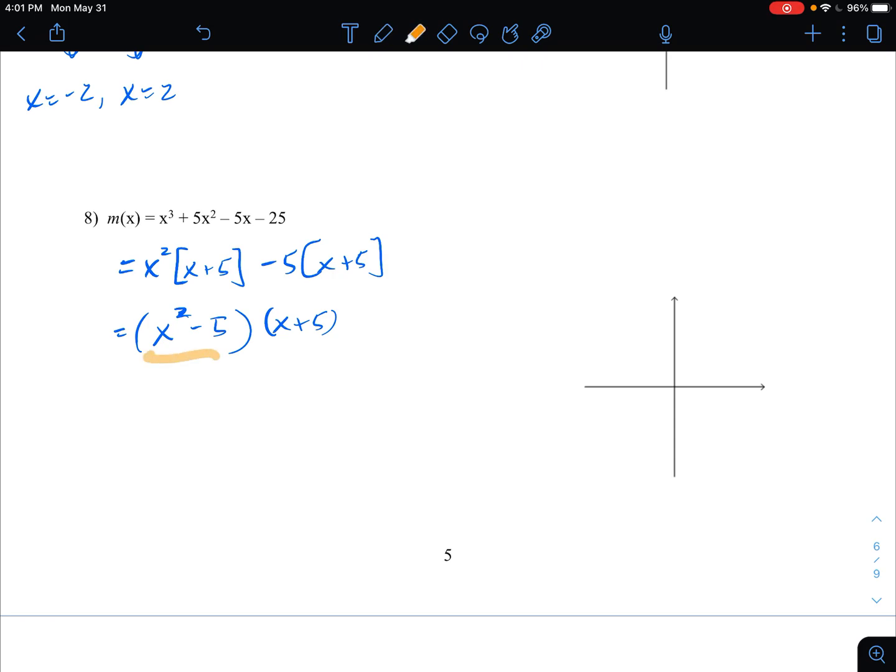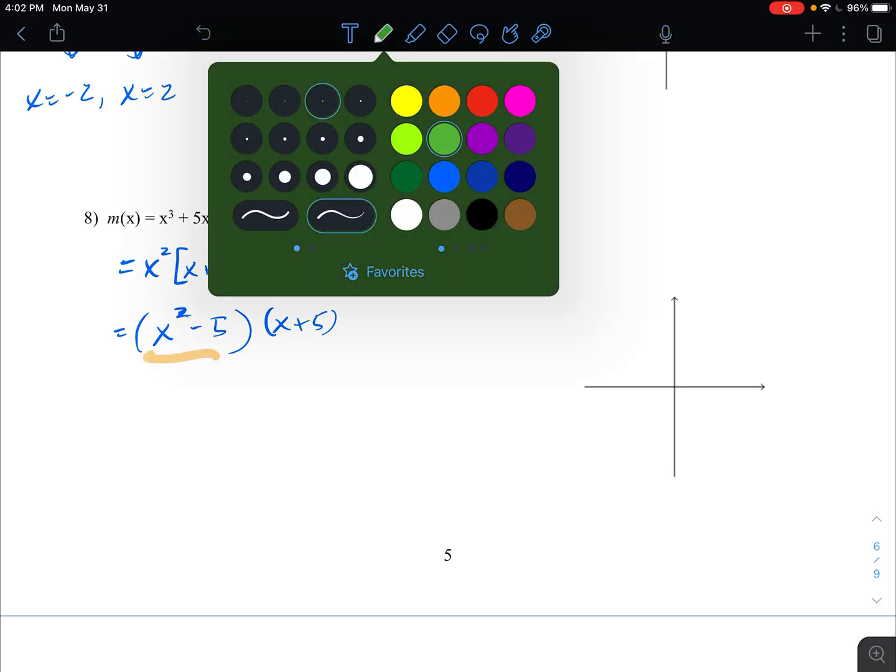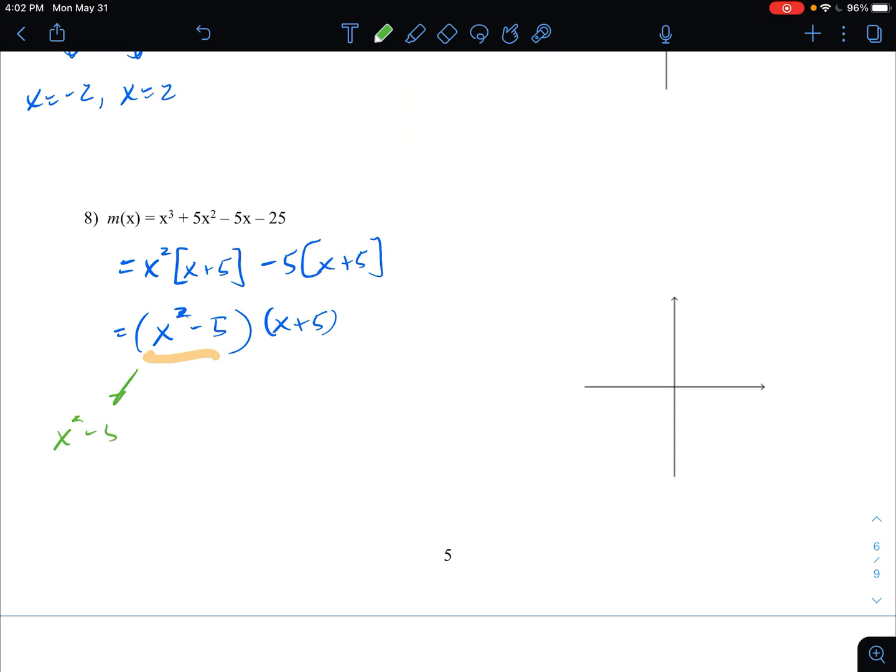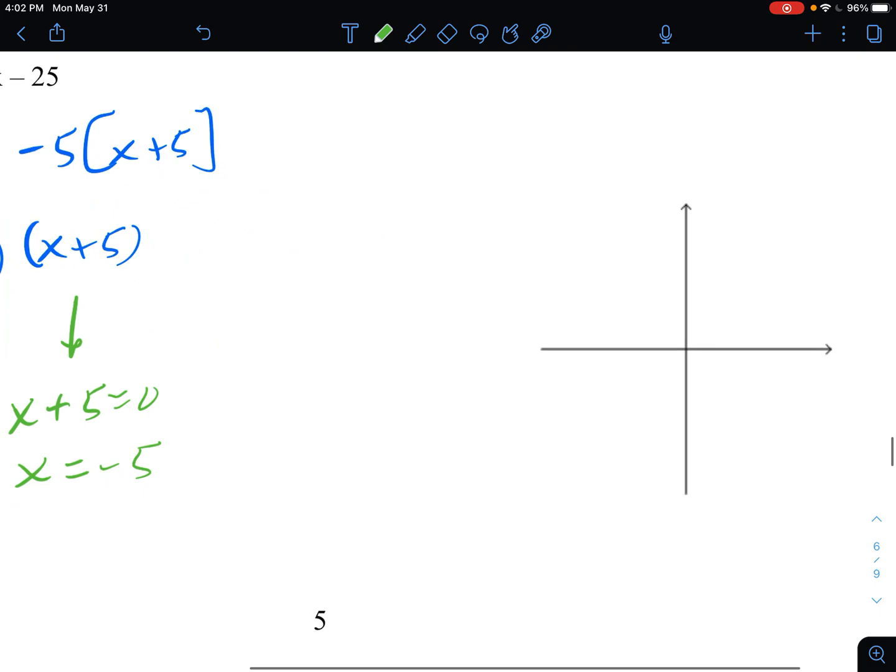If we set this equal to 0, we would have x squared minus 5 equals 0, so x squared equals 5. X is plus or minus square root of 5. If we set this equal to 0, we get x is negative 5.